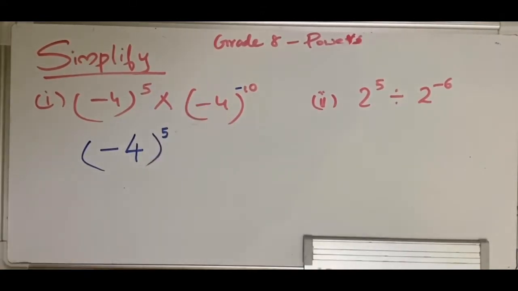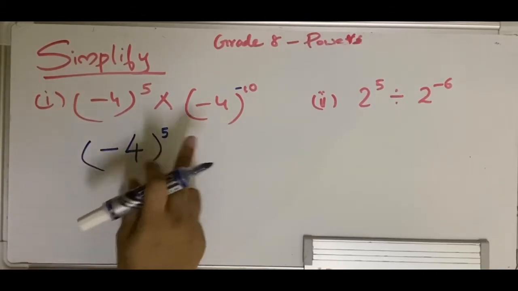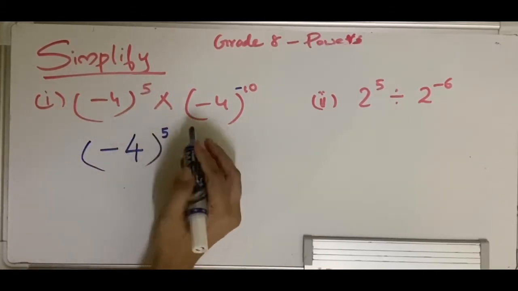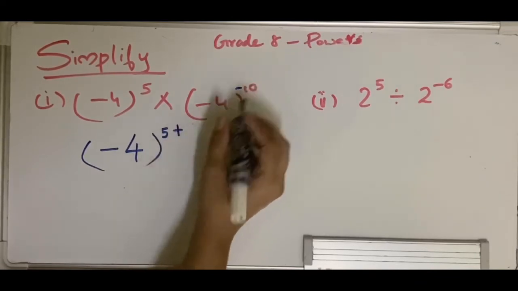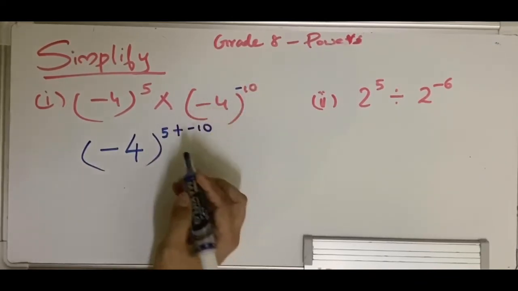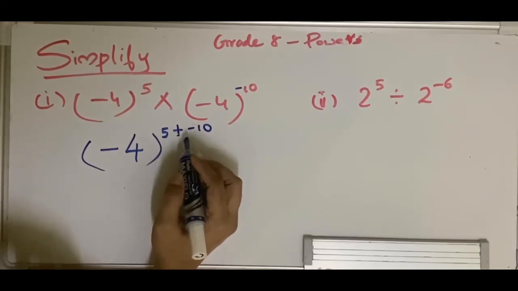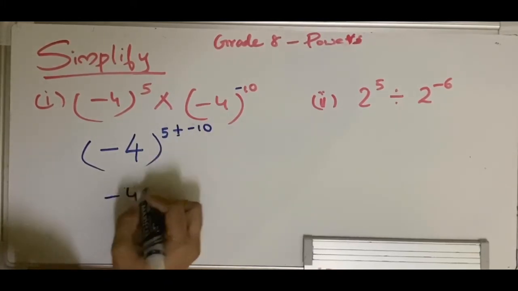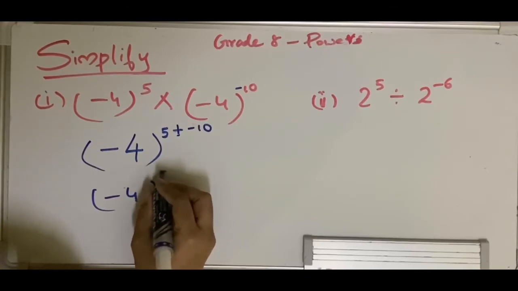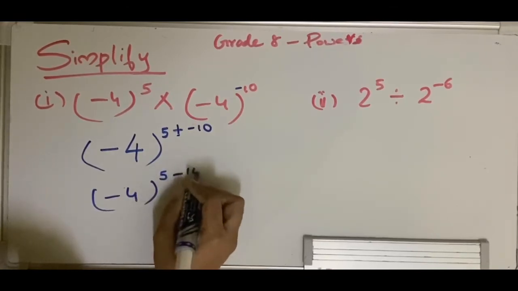You will be following the same method where you will be writing a raised to m plus n. So here m is 5 plus n is what? Minus 10. And we know that whenever we have two signs together, we will make it one sign, right? So if you have a plus minus together, you will make it minus. So it will become 5 minus 10, right?